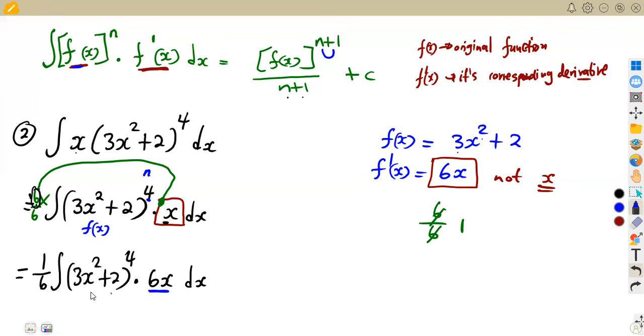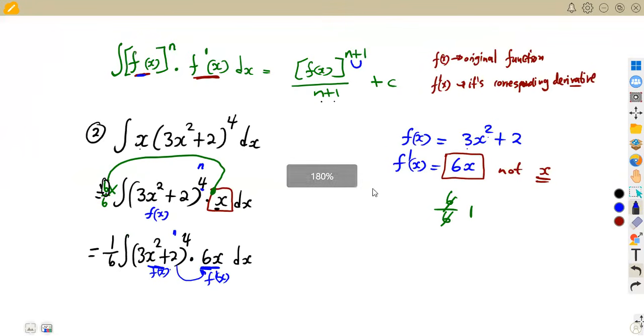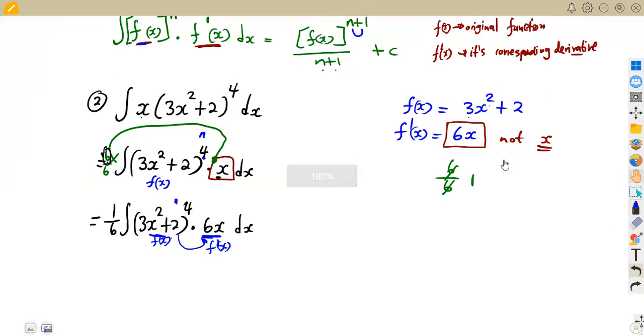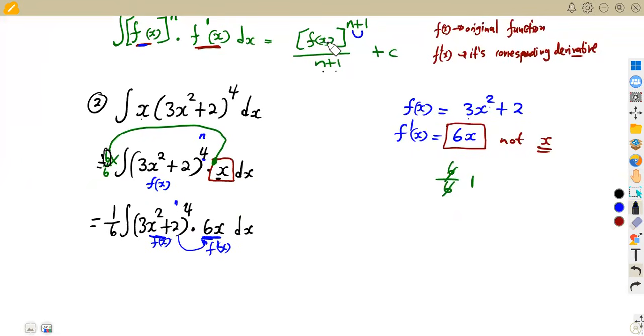Once this can be written in a way that f of x gives you f prime of x, raised to a certain exponent n, we can apply our rule, which states that our answer is going to be f of x to the exponent of n plus 1. So we've got 1 over 6 into our f of x, which is 3x squared plus 2, to the exponent of n plus 1. If we add 1 on our exponent here, that's 5 plus 1.